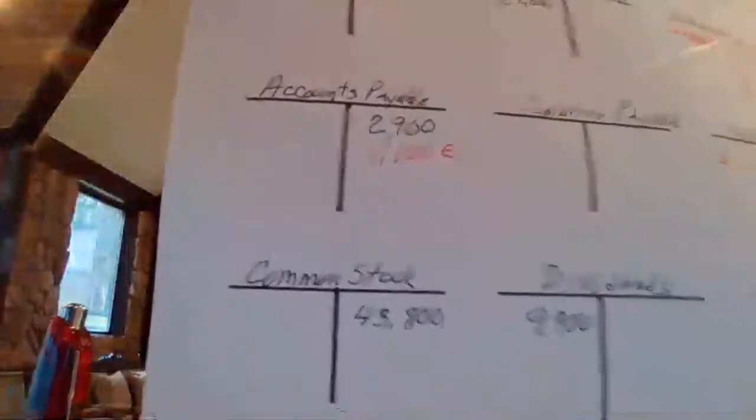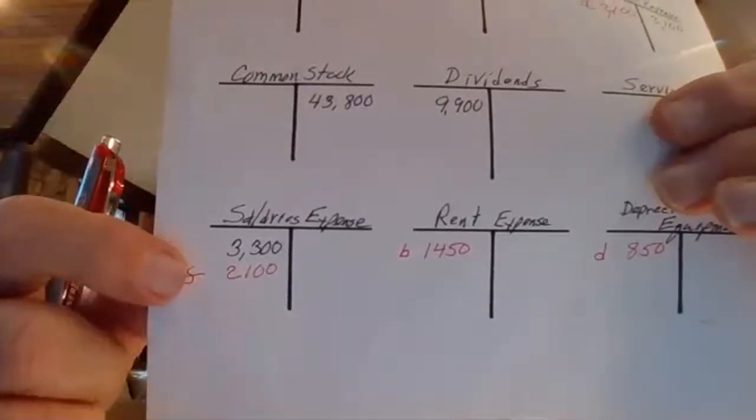Item F, the accrued expense for the salaries. So salaries expense is getting a $2,100 debit. And oops, there we go.